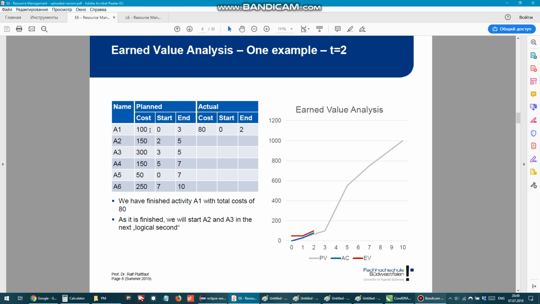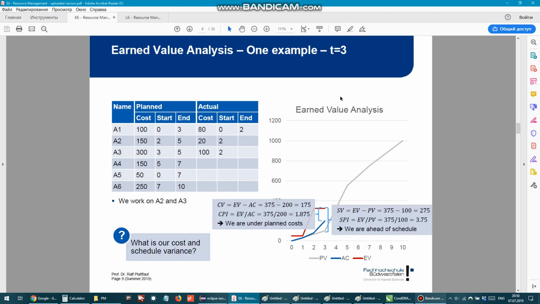This 100 unit of value, that's earned value. We earned that in 2 days, which is better than our plan. Then we have to look at this day by day. You see, T is 2. Now we move to T3.